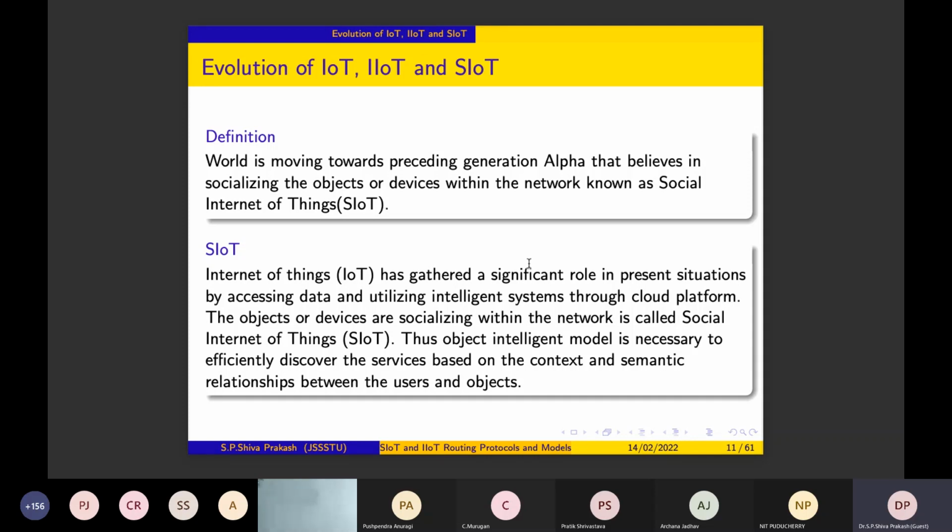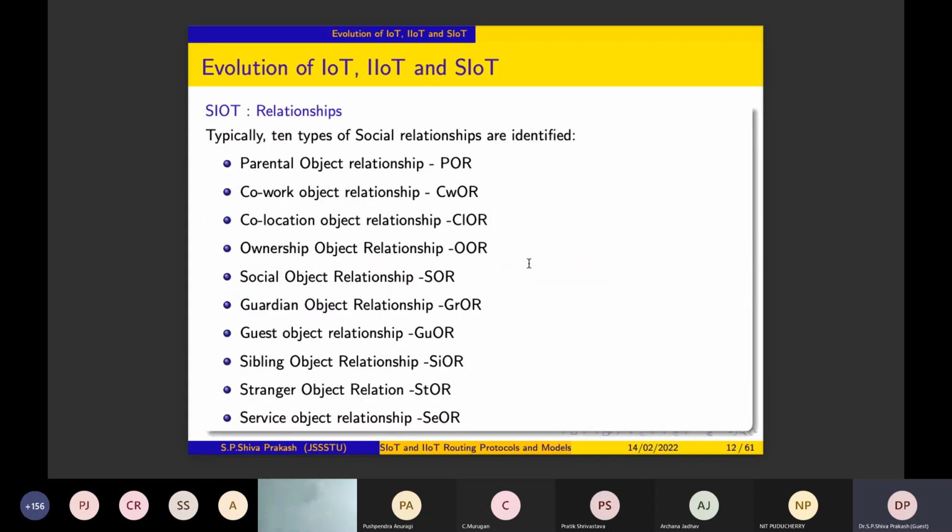Okay, so the object models are very necessary for an efficient discovery of services based on the context or the semantic relationship between the user and the objects. It means, strictly speaking, there are around 10 different types of social relationships, and these relationships are formed based on certain constraints.